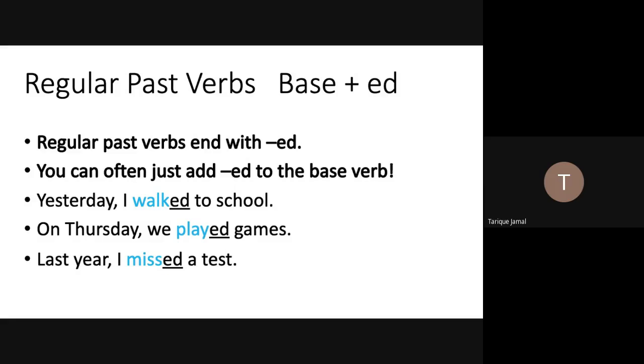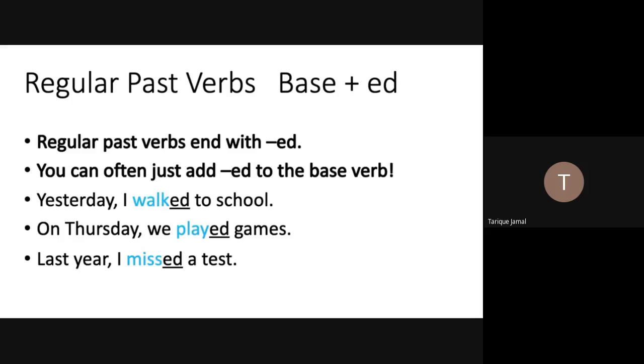So most of the time, to make your verb in the past, all you have to do is add ed. I want you all to remember that most of the time for regular verbs, all we do is add ed, and then it becomes a past verb.